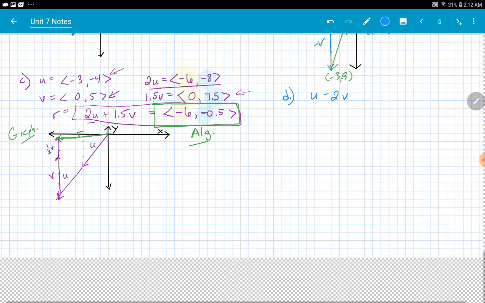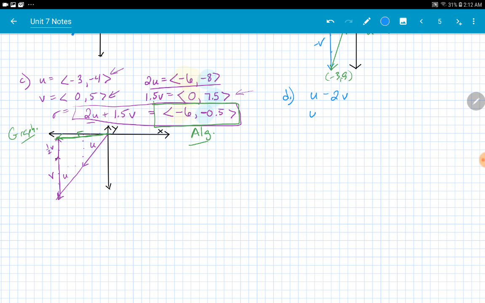I still have the same u and v, so u equals negative 3, negative 4 with the vector brackets. And 2v, I'm using that same v, this guy right here. So 2 times that would be 0 times 2 is 0, and 5 times 2 is 10. So that's 2v, and I want to subtract them.